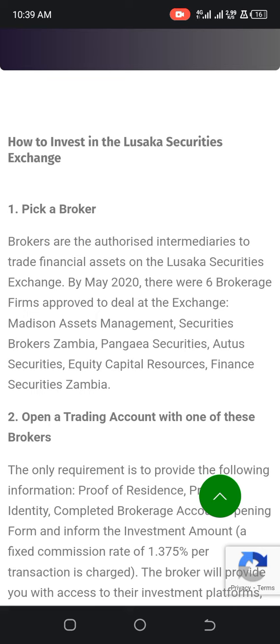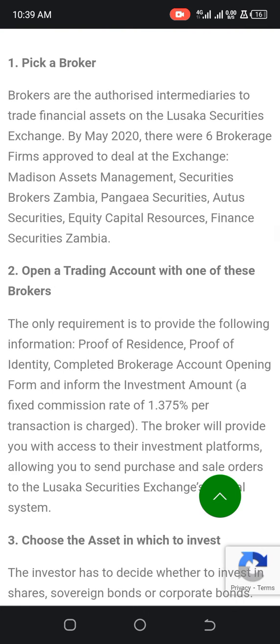So once you choose the broker that you want to work with, you need to open an account with that broker. But for you to open an account, they need to carry out know your client or know your customer procedures. These are simply KYC, and they'll need the proof of your residence, which can be a utility bill like water or Zesco, and they'll need the proof of identity.